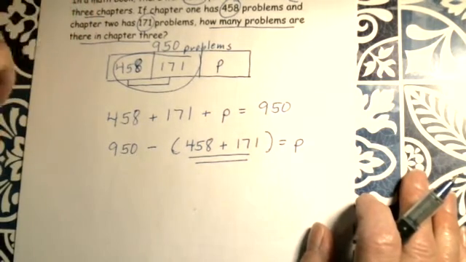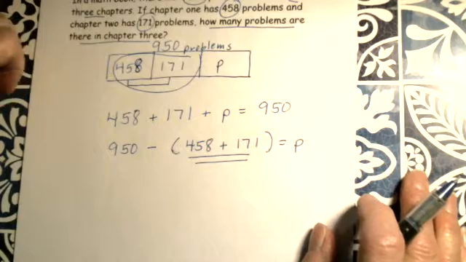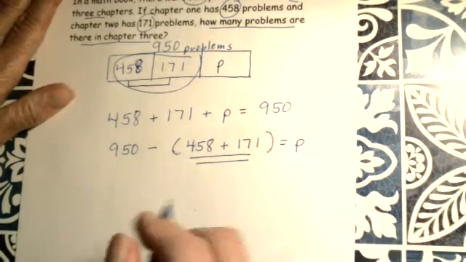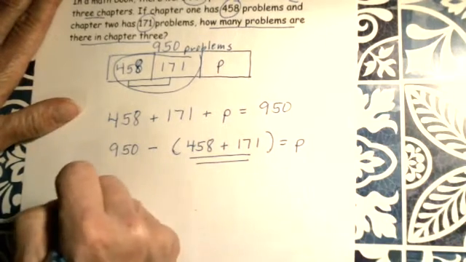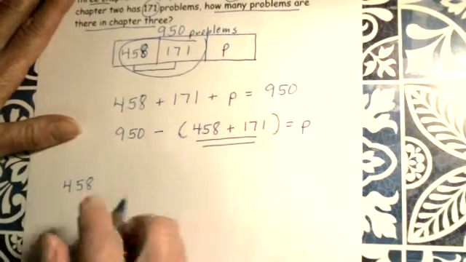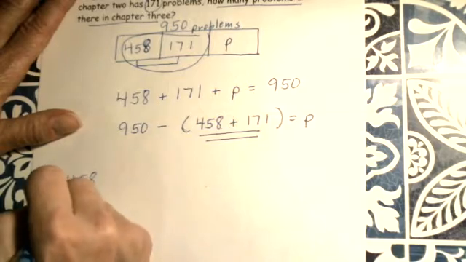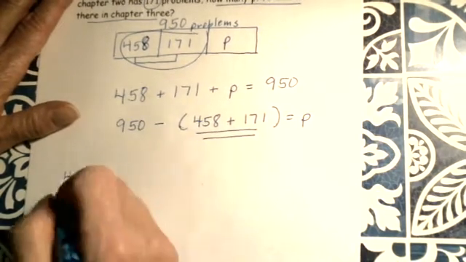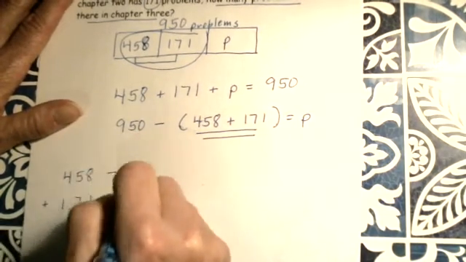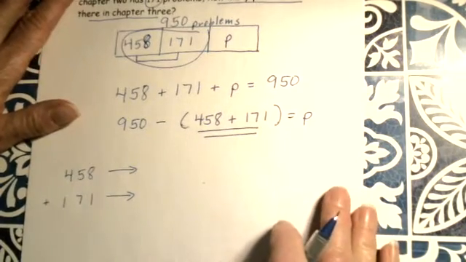So I have 458 and 171. Okay, so I'm going to put this in expanded form and add it.